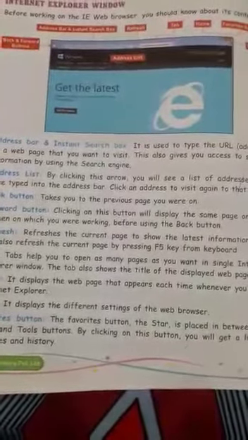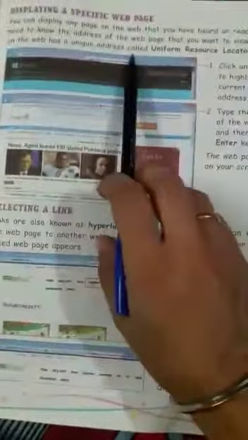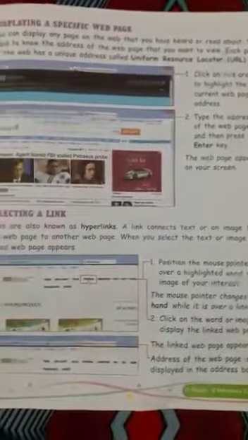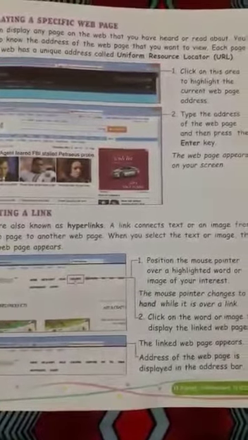Okay my dear students. Next we come to how you can display a specific web page. If you want to display any specific web page, definitely you need the address, that is called the URL. So what will you do? Firstly, click on the area to highlight the current web page address.